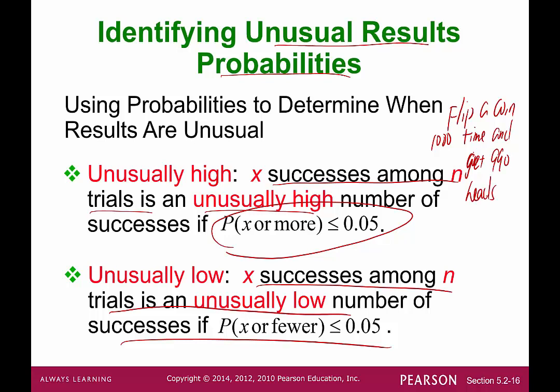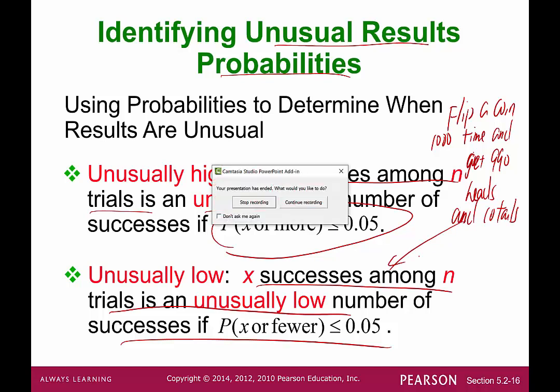If you're betting on the heads, this 990 heads will be unusually high, and the probability of x is very small. So that's why this is an unusual event. Also 10 tails is unusually low.